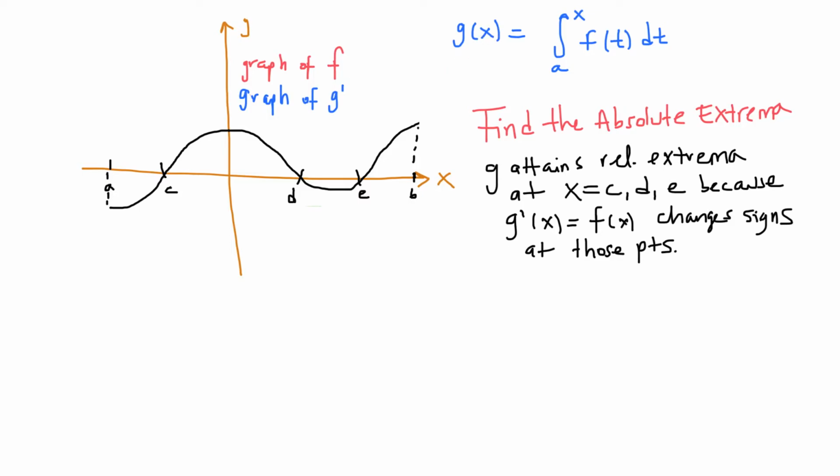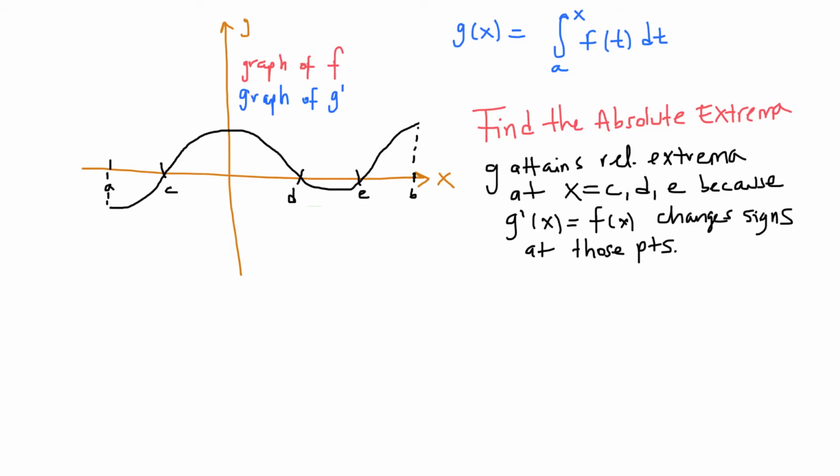But then the problem is that none of those are actual numbers. This is how they're going to give you the graph: a, c, d, e, b. So if they're not actual numbers, then we cannot get a solid number to compare them to each other and then say this is the absolute maximum, this is the absolute minimum. But there's a way around it, so we can still figure out the max or min, and the key is going to be thinking of areas to find the integral values.